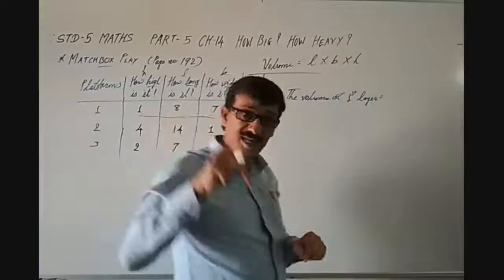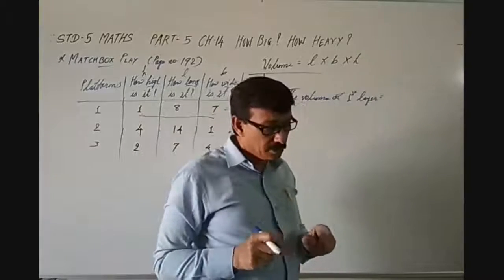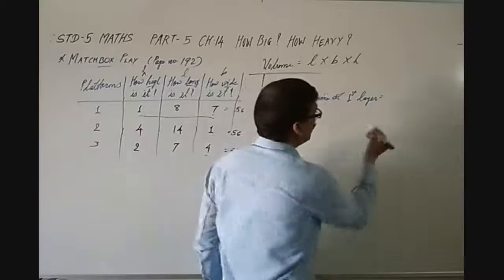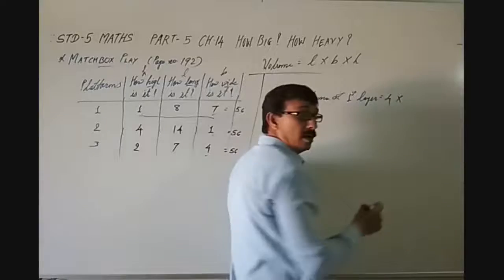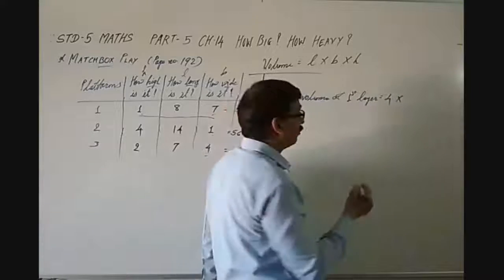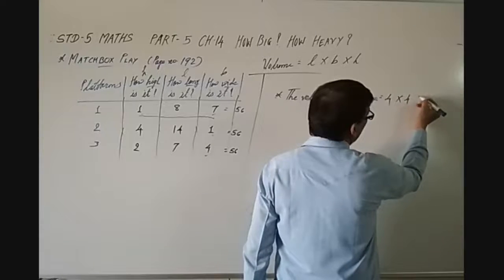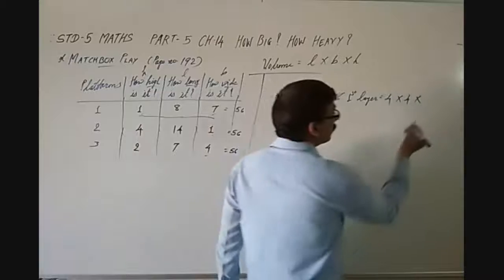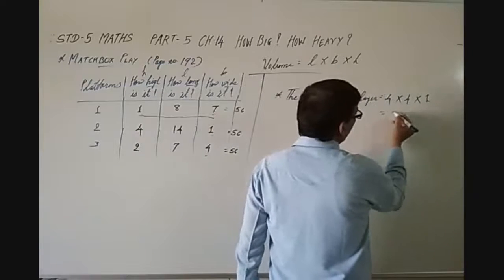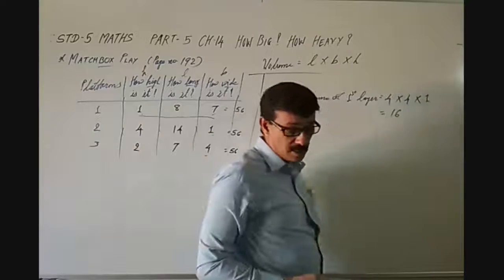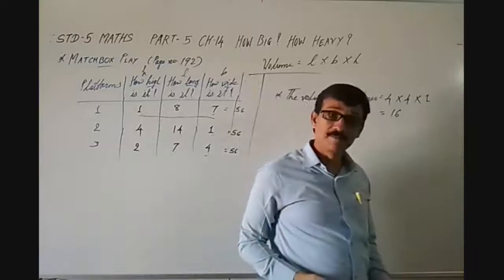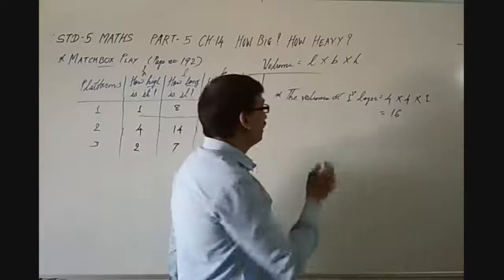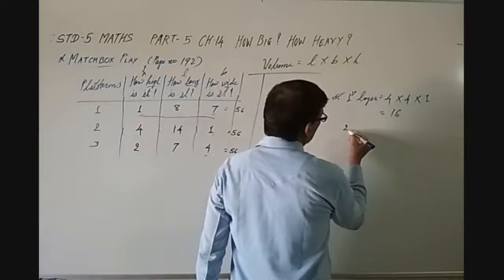So in that drawing, see that the length is 4, lengthwise it is 4, breadthwise or widthwise it is 4, and the height only one matchbox layer is there, so it is 1. So 4 4s are 16. We can say 16. Same way, the second layer.